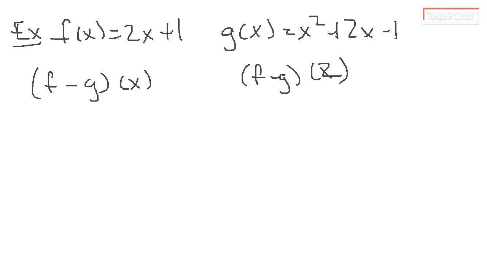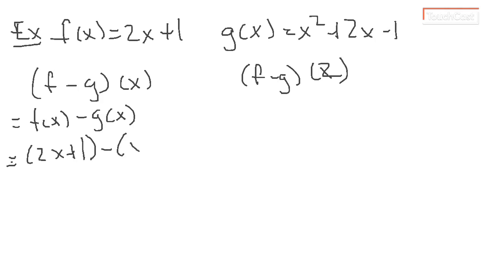So let's start by just finding f minus g of x. And in our first slide we learned f minus g of x is just f of x minus g of x. So let's just replace f of x and g of x with the equations we know they are. So we're going to have 2x plus 1 minus x squared plus 2x minus 1.